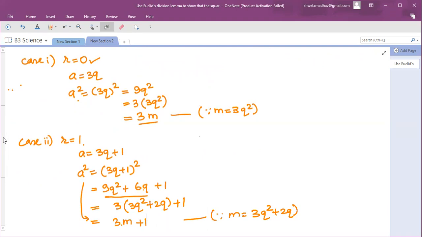Ma'am, when the remainder is 0, only then the square of the number will be 3m. And when the remainder is 1 or remainder 2, then the square of that number, when divided by 3, leaves remainder 1. Okay, ma'am.